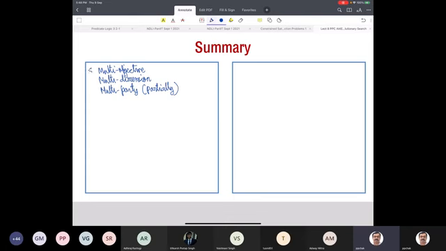So it was single or multi-objective, single or multi-dimensional, single or multi-party. And here we have seen various kinds. We have seen modeling. And in modeling, we have seen state space modeling, where we had fully visible or partially visible.